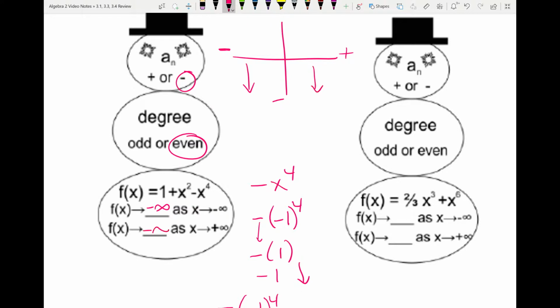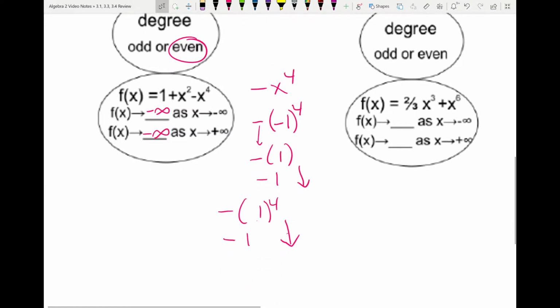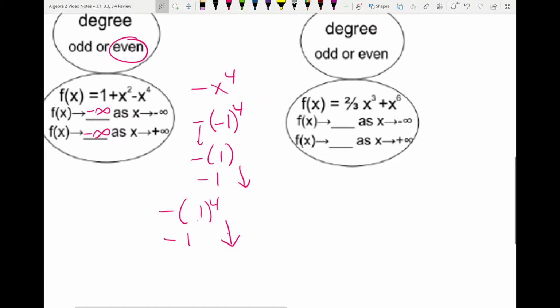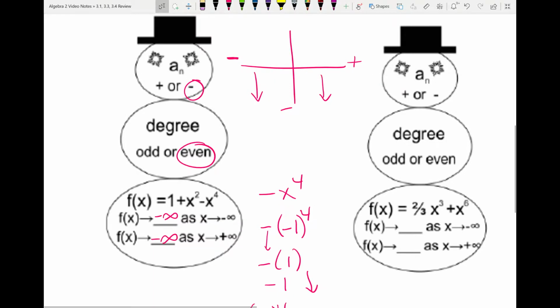So we got negative infinity. Now let's look at the last one. Oh, let's do the arrow arms for the snowman. So down, down.